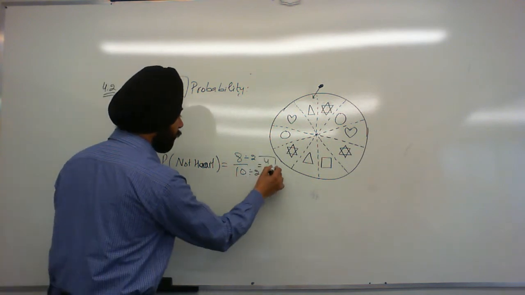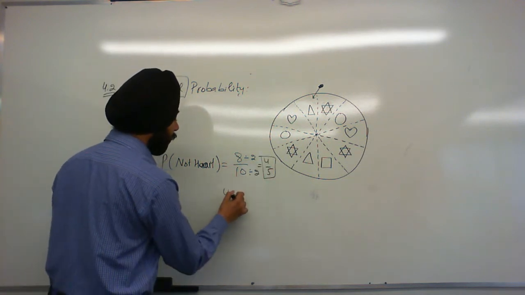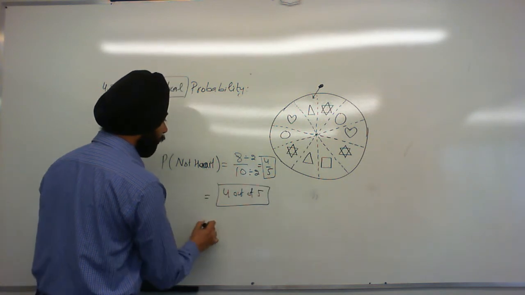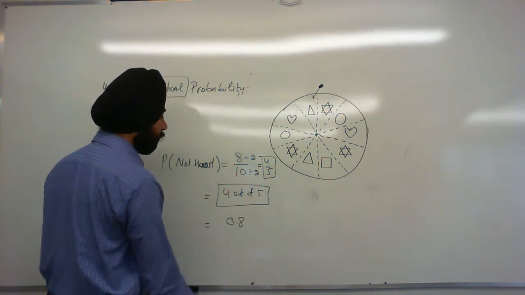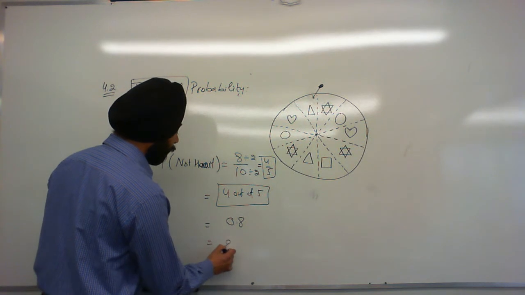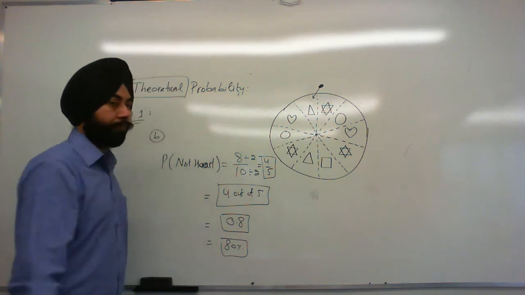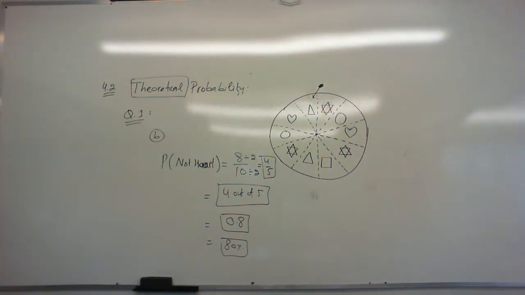So this is your first answer, 4 over 5. Then you can say 4 out of 5. Then you will divide this. You will get 0.8. And this is equal to 80%. All the answers are the same. Part C.